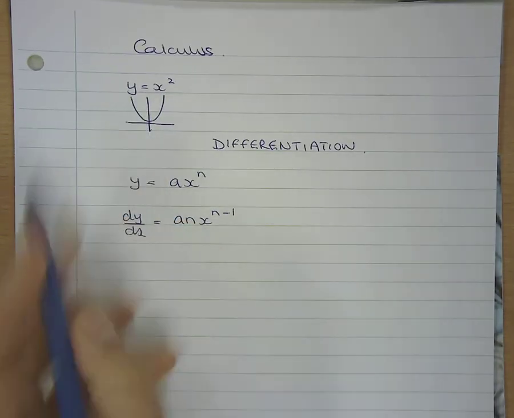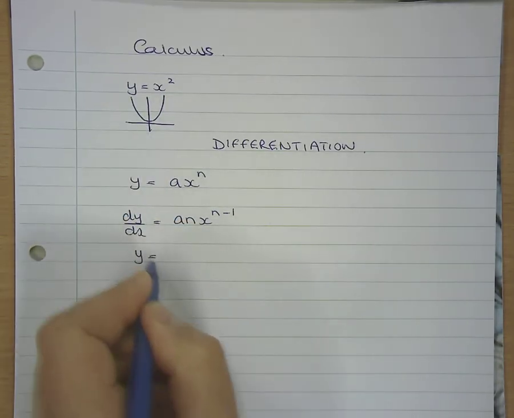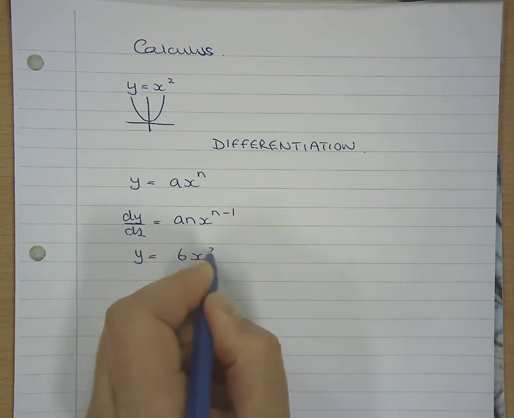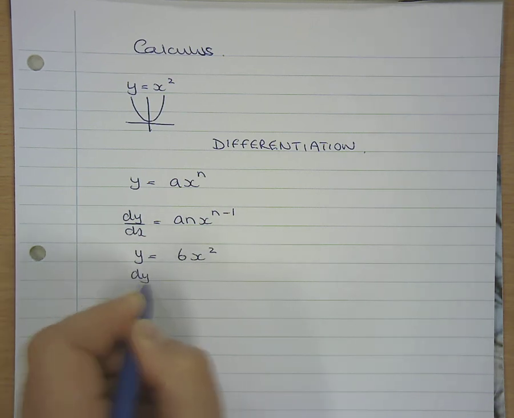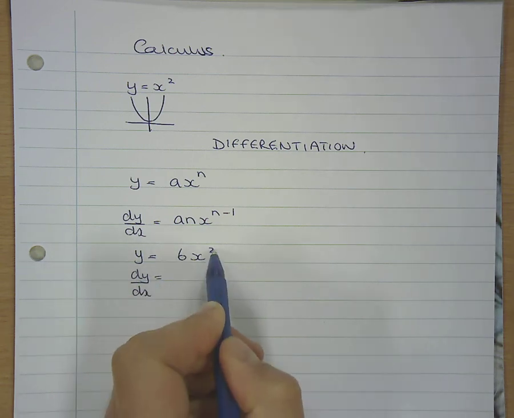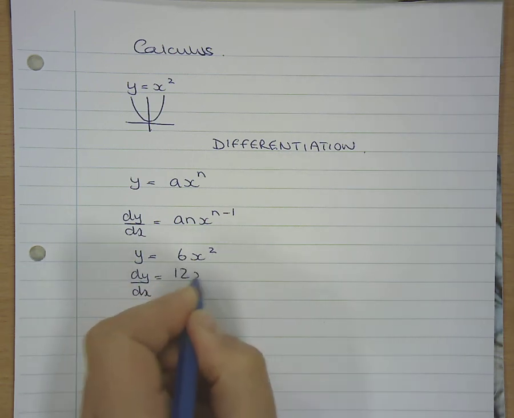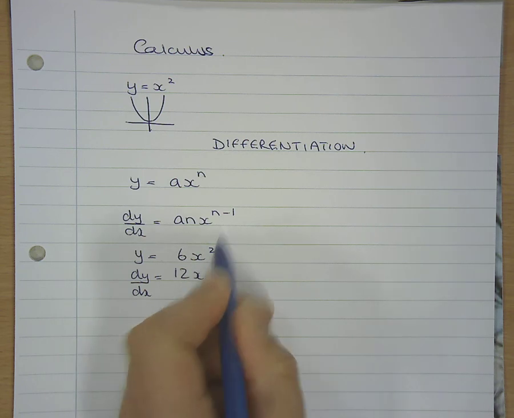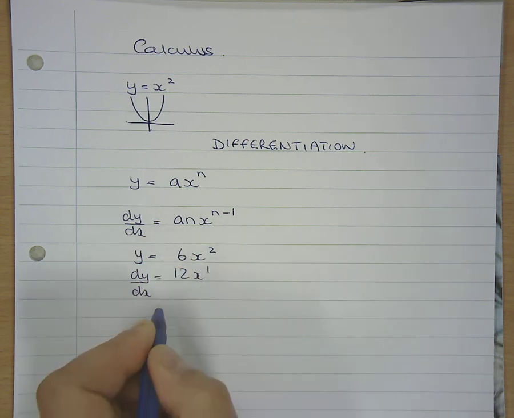So an example for that, let's just take something fairly straightforward. If I've got y equals 6x squared, when I differentiate that, I get 6 multiplied by 2, so 12x to the 2 minus 1, 12x to the 1.